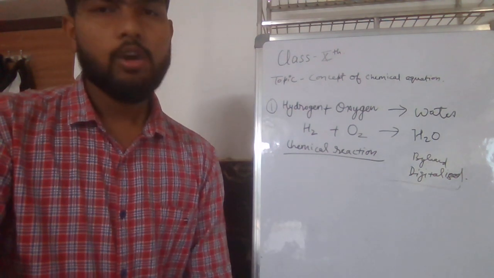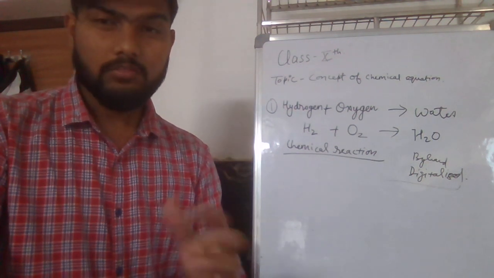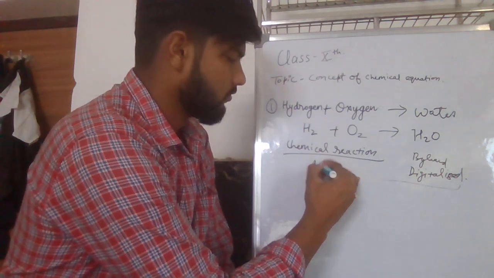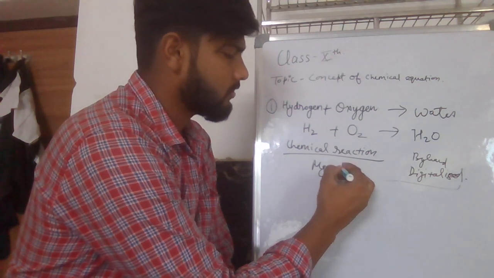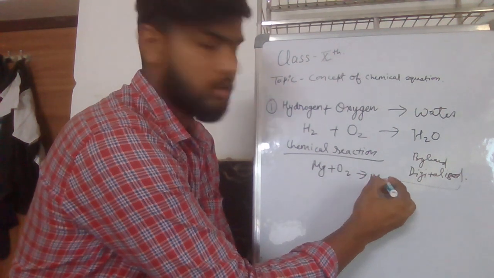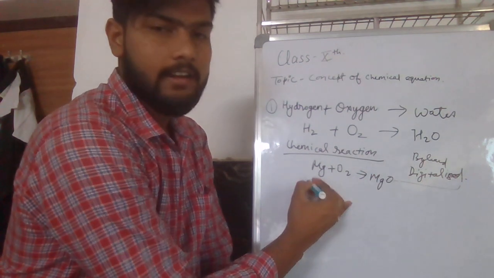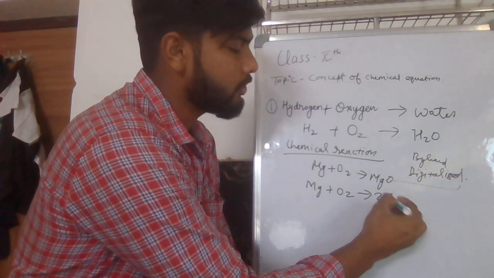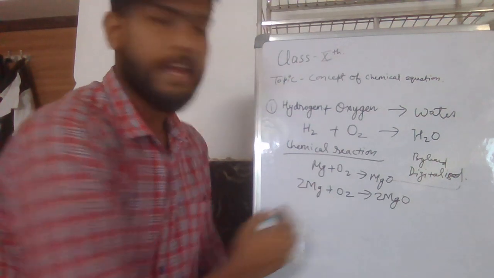So here, look at the following equations: Mg plus O2 becomes MgO, and 2Mg plus O2 becomes 2MgO.